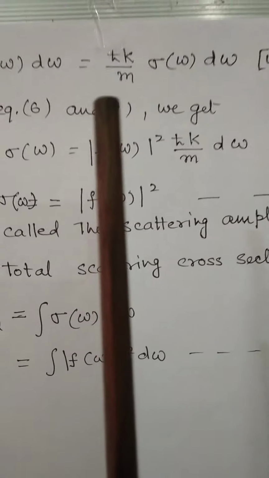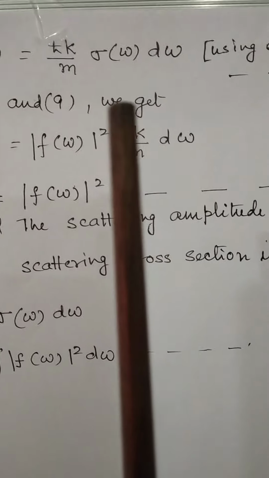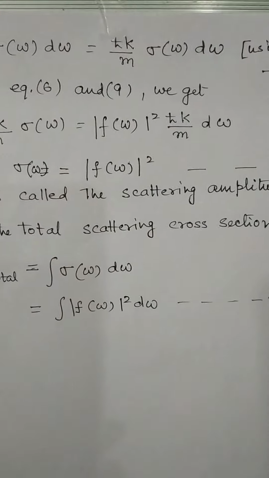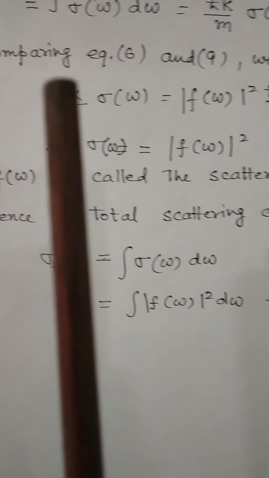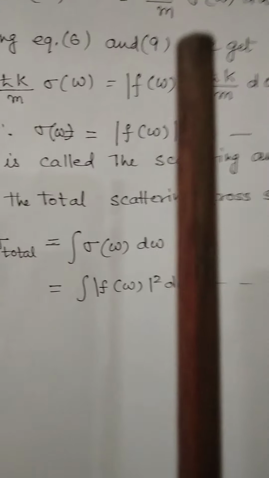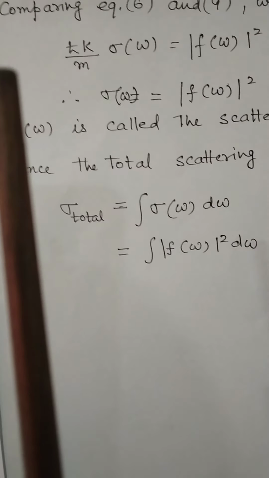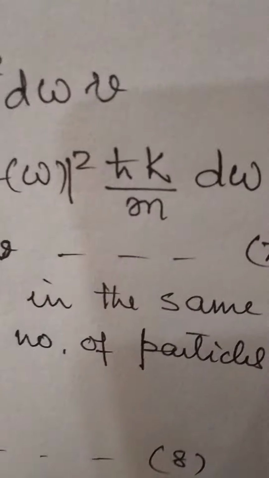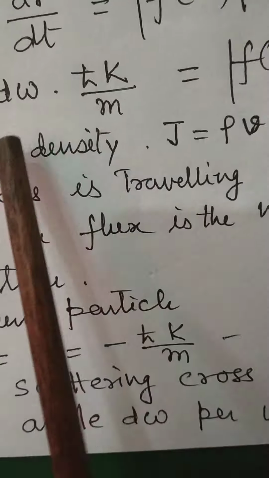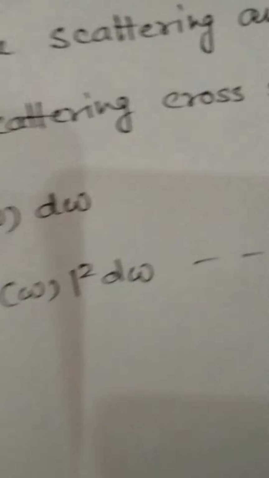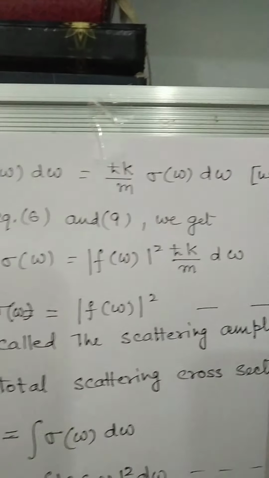Using equation number 8, this is equal to h cross k by m sigma function of omega multiplied by d omega. Now comparing equation 6 and 9, this is equation number 6 and this is equation number 9 we have just derived.